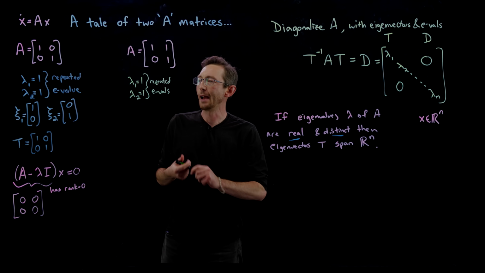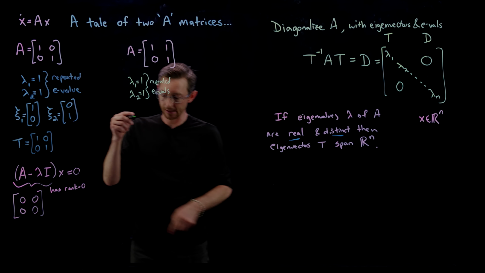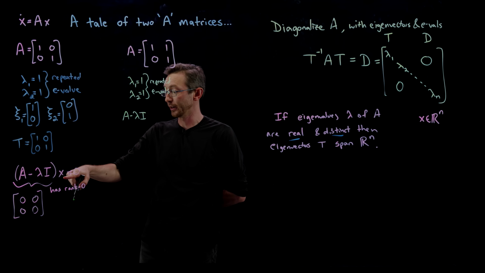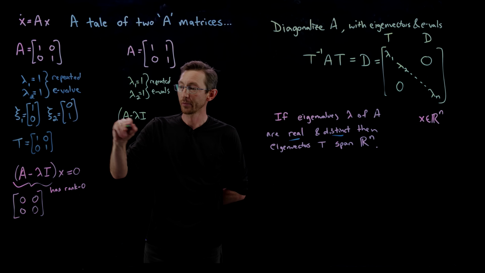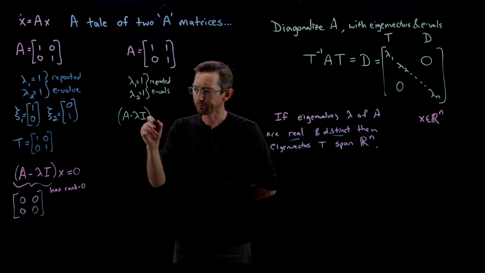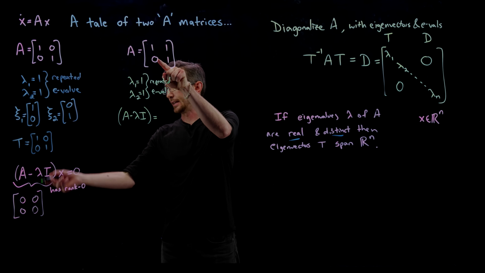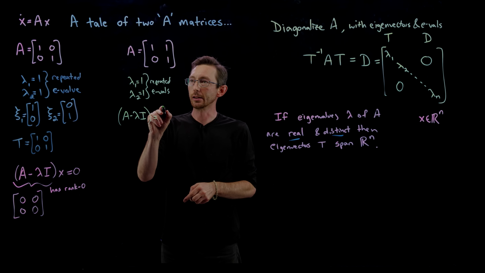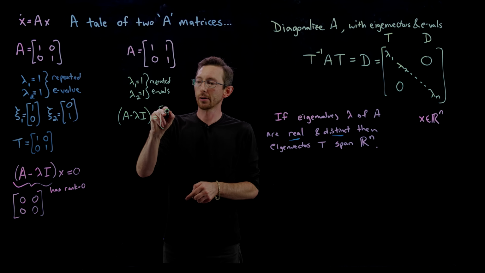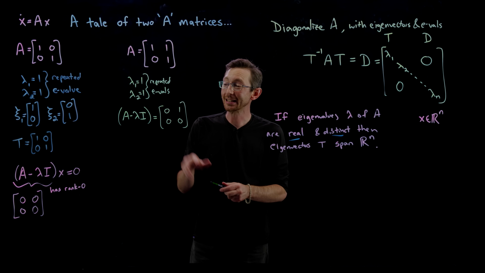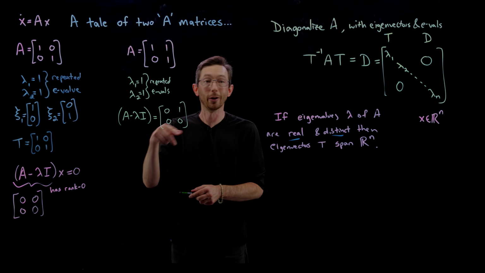And now I'm going to look at the same A minus lambda I matrix, and I'm still going to look for x that map to 0. A minus lambda I is this thing minus the identity, which is going to equal 0, 1, 0, 0. This thing does not have rank 0. It has rank 1.